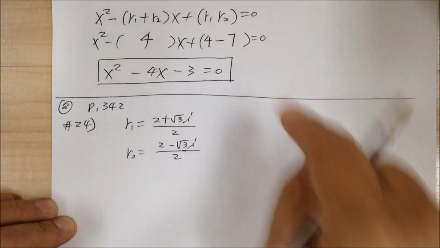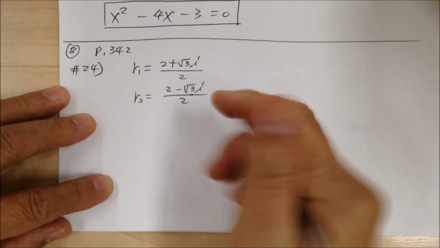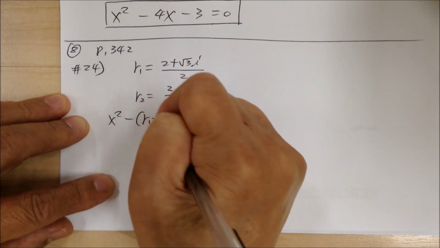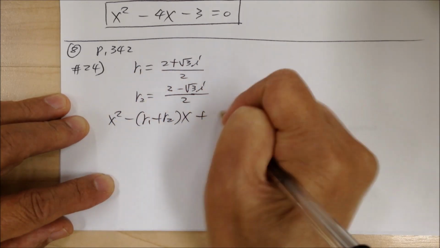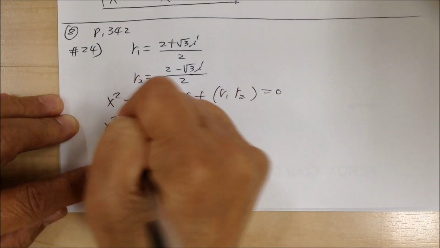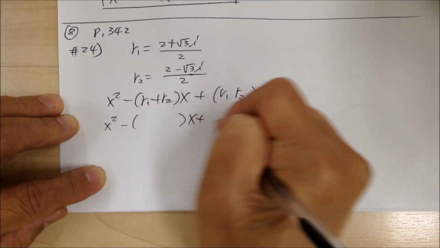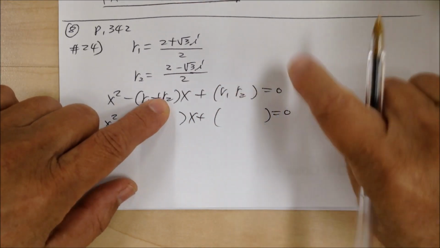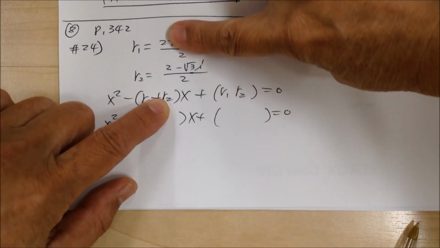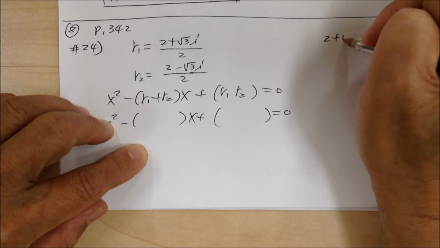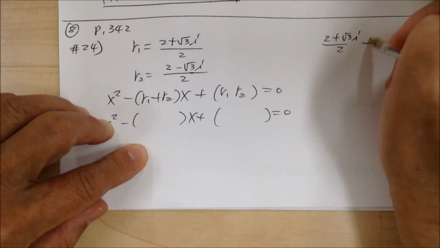Okay, so again, same type of problem. It just becomes more complicated. So you've got x squared minus (R1 plus R2)x plus R1 R2 equal to 0. So that's going to start to work things out. When you add, the plus and minus will cancel out. If you cannot do it in your head, you go off to the side.